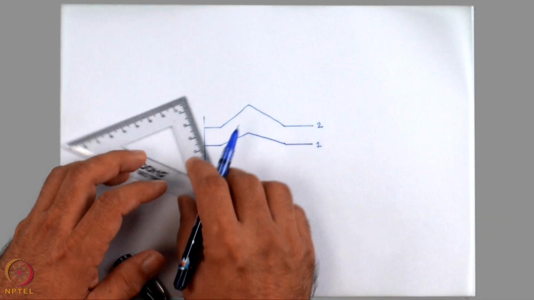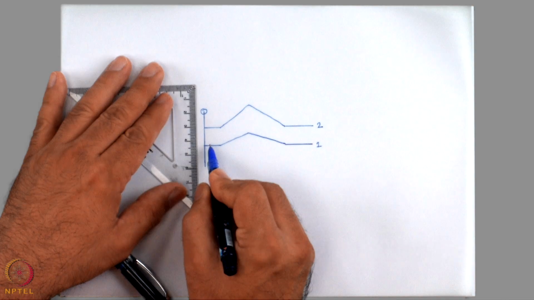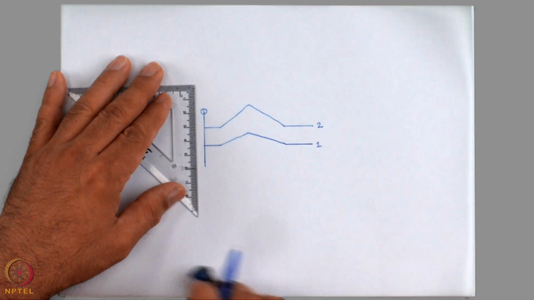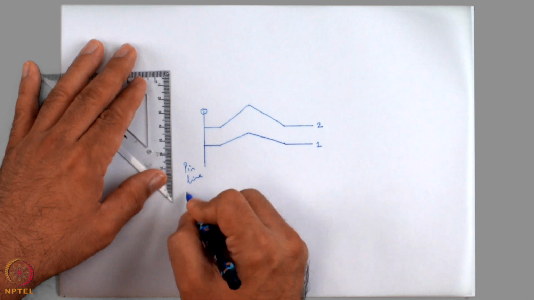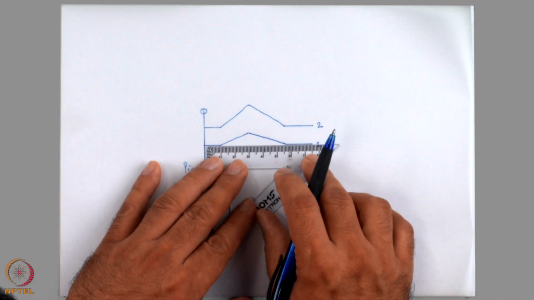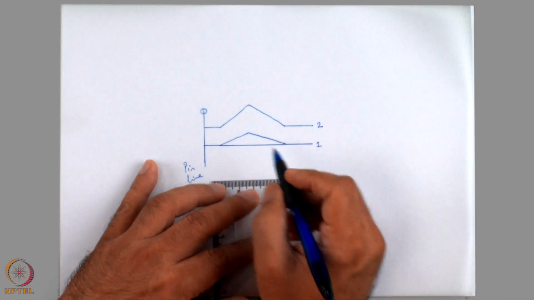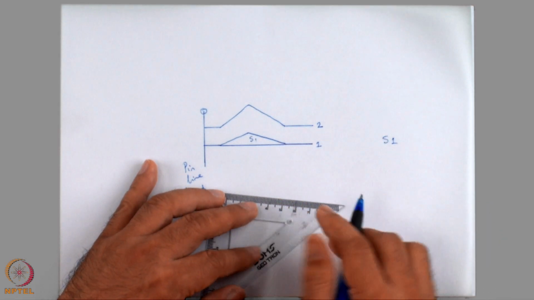To do that, let us consider a pin line here. If I take a little bit here or there, things will not change, the end result does not change. This is the pin line which is fixed in its position. Let us find out the excess area S1. This is the S1. How much is the area?